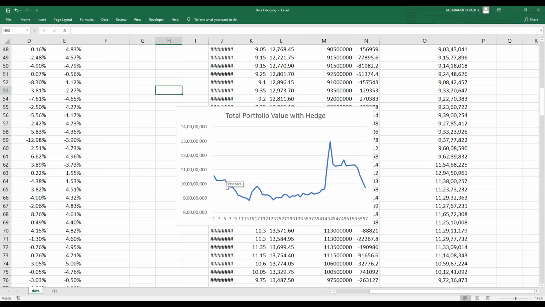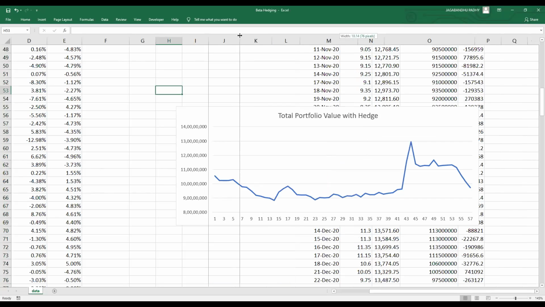At least it should have been within a narrow range, maybe 10 or 11 lakh, but there are wide fluctuations. Sometimes it starts at 13 lakhs, then it goes even to 9 lakh. So it's not constant, or maybe the hedge is not working for us. What could be the reason that the hedge is not working in our favor?